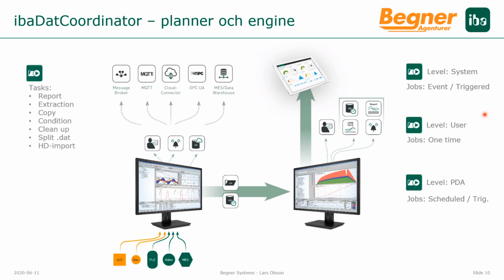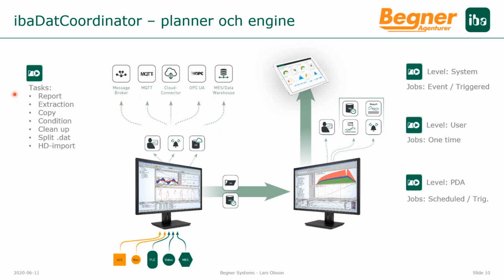And different tasks that you can dedicate to the different jobs. I mean, a job consists of different tasks. And these are some examples of the tasks. One task could be to create a report automatically based on some data that you define, and you also define the calculations behind how you would like to perform the report and everything with the graphics, how the graphics should look in the report and so on.